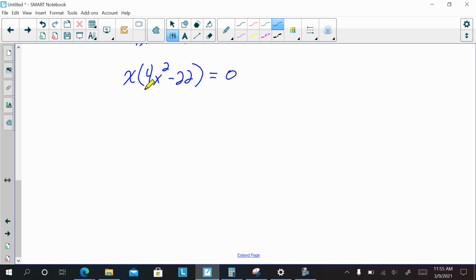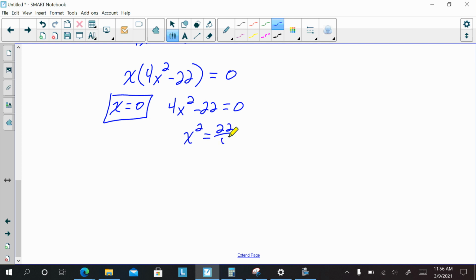We could technically factor a 2 out of that parenthesis, but that's not going to get us very far. So if we set each factor equal to 0, we get x equals 0, and we get 4x squared minus 22 equals 0. So this is a critical point, and then if we solve this for x, add 22 and divide by 4. So x squared is 22 divided by 4, or that's 11 over 2.